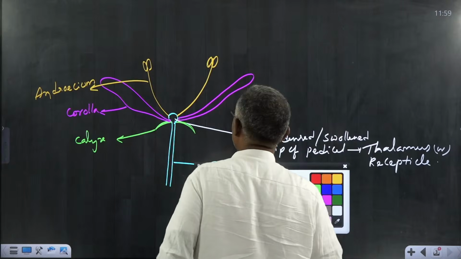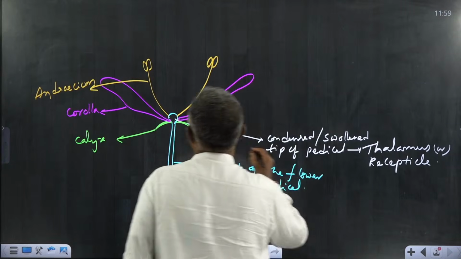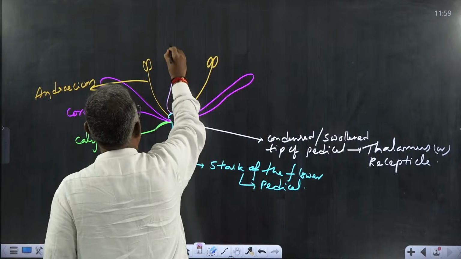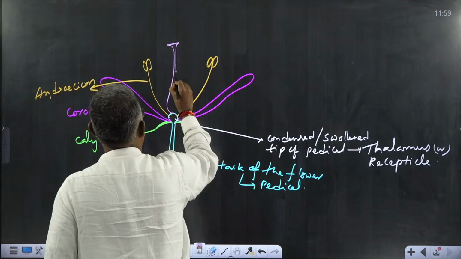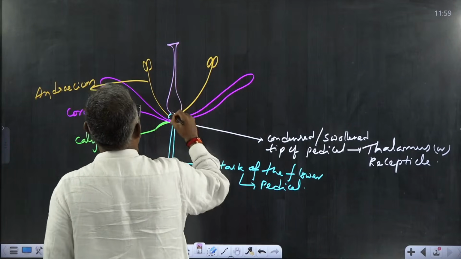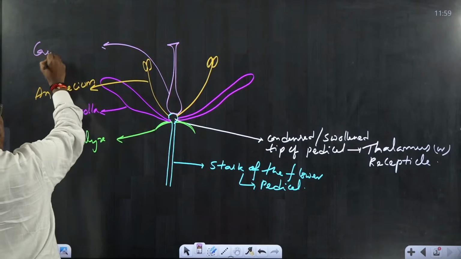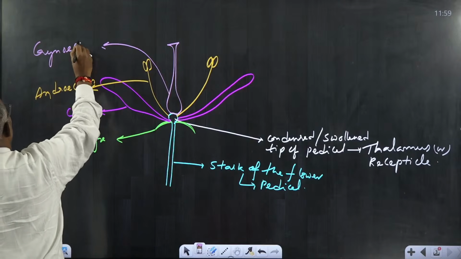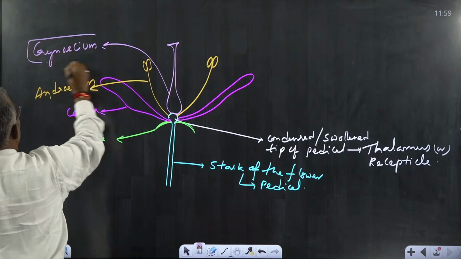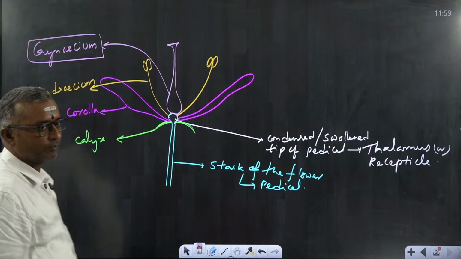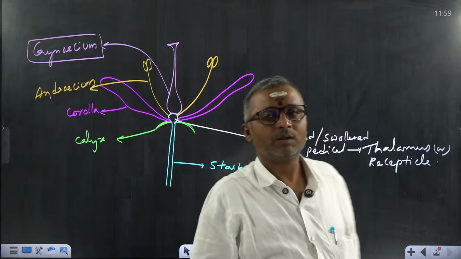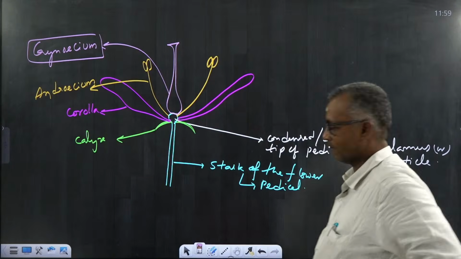And the fourth node contains gynoecium. Gynoecium. Understood? These are the components of a flower.